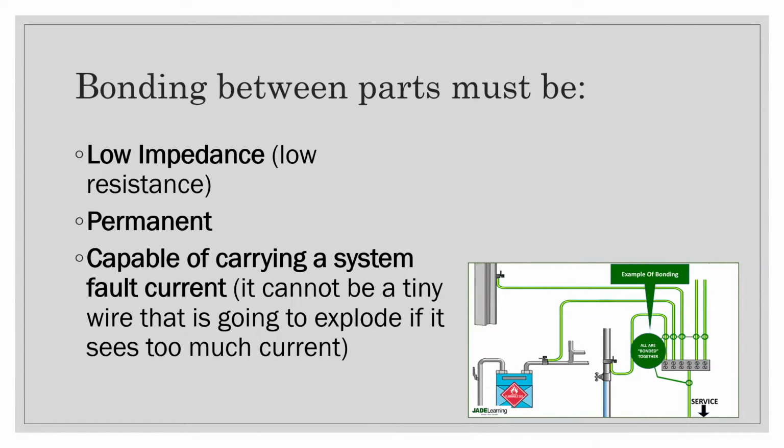It also must be capable of carrying a system fault current. It cannot be a tiny wire that is going to explode if it sees too much current. So our bonding conductors need to be of enough substance to carry any sort of fault current.